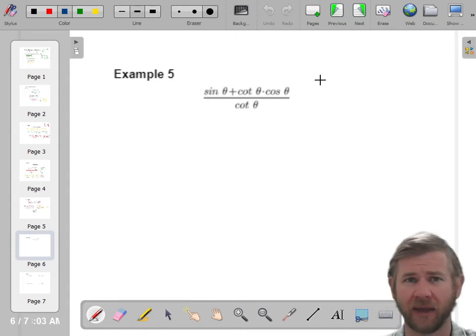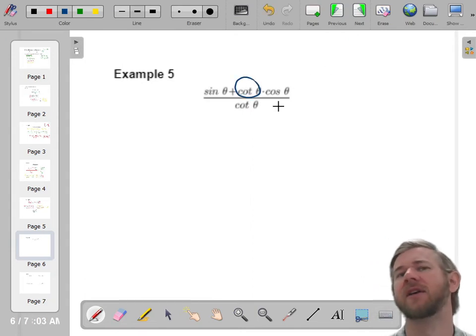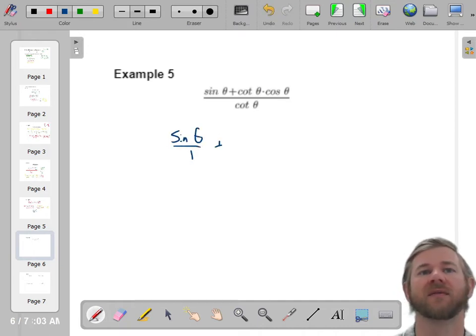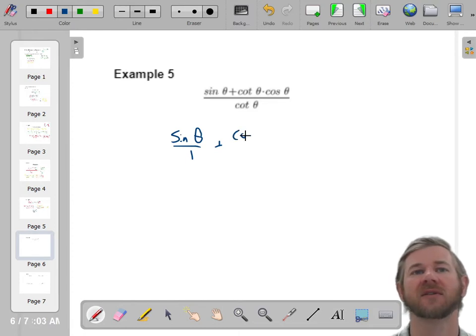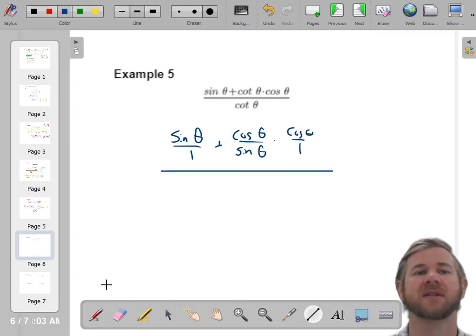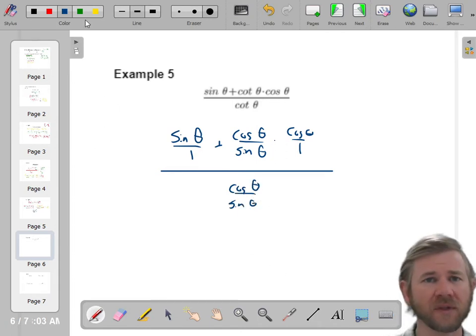Let's see. Okay. I have things that are not sine and cosine. So let's start with that. I know I'm going to have to get a common denominator in the top. Sine of theta. And then cotangent is cosine over sine of theta. And cosine is cosine of theta over 1. And then in the denominator, I have cotangent, which is cosine of theta over sine theta. So let's see, what can I do?